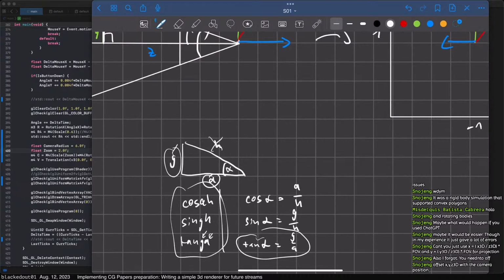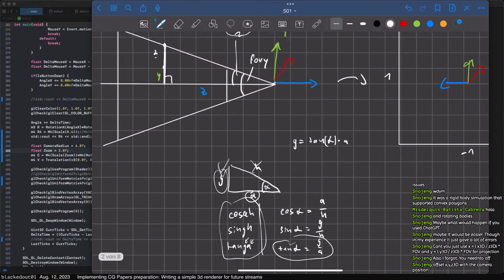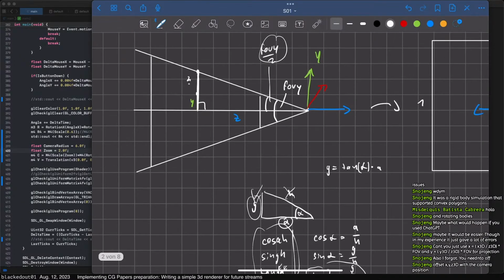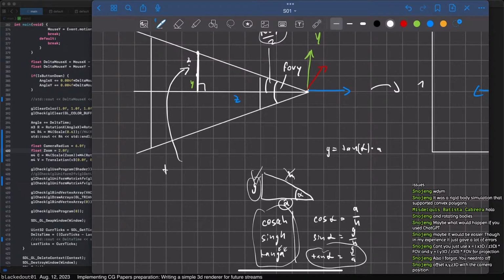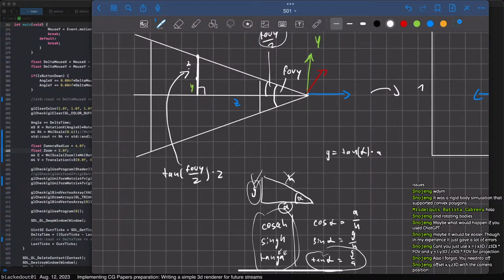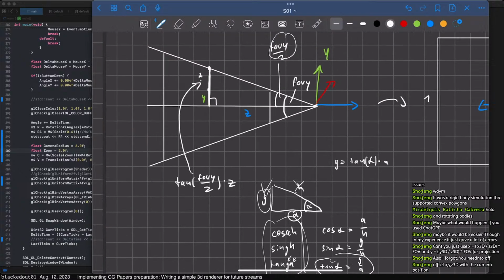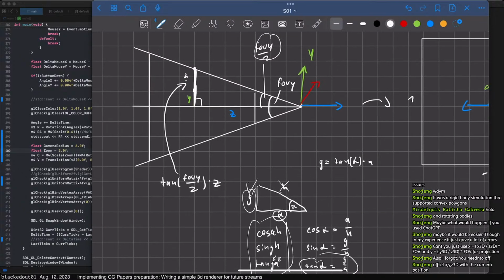So to compute G, we just reorder this formula here. So G is equal to tan of alpha times A. So what this means is that this side here, this question mark, is equal to tan of half field of view times Z. So this is the length of this side.